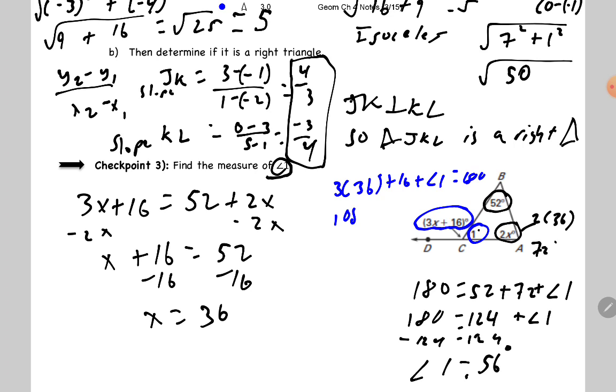So 108 plus 16 plus angle 1 equals 180, and I should get 124, which I do, plus angle 1 equals 180, so angle 1 is 56. So either way, you'll get the answer.